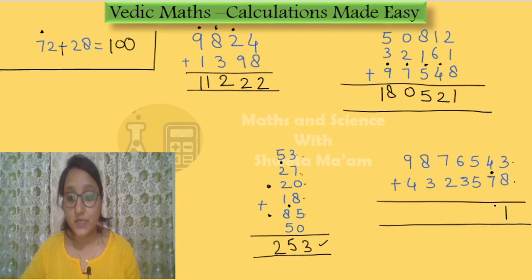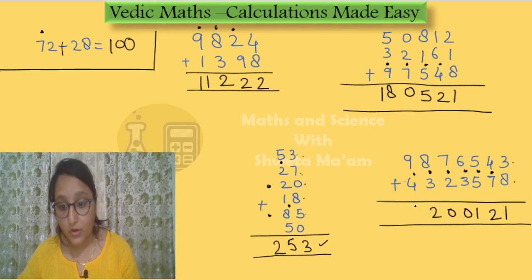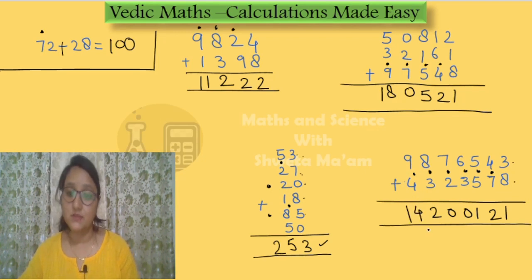Again 4 plus 8 is 12, so 2 over here and dot over here. 5 plus 6 is 11, so dot to the neighboring number and over here 1. 6 plus 4 is 10, so 1 dot over here and 0 over here. Again 7 plus 3 is 10, so dot to the neighboring number and 0 downside. 8 plus 4 is 12, so dot to the neighboring number and 2 downside. Again 9 plus 5 is 14, so we write 14 as it is.